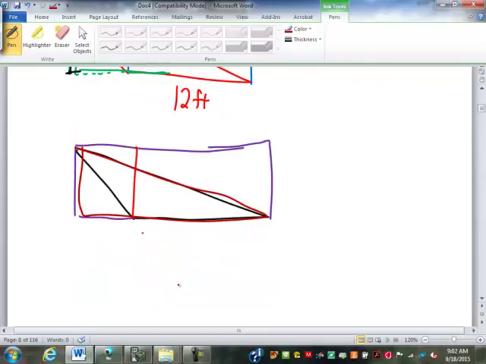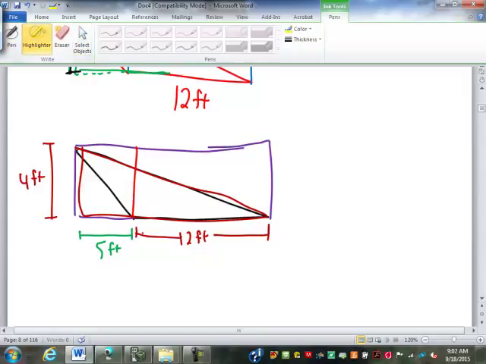So let's say that this is 12 feet here, from here to here. And this is our 4 feet. Okay. This dimension here doesn't really matter, but let's call it 5 feet, just for sake of argument. That red triangle, this one here that I just put in, is half of the big rectangle, which is 5 plus 12, is 17 by 4, right?